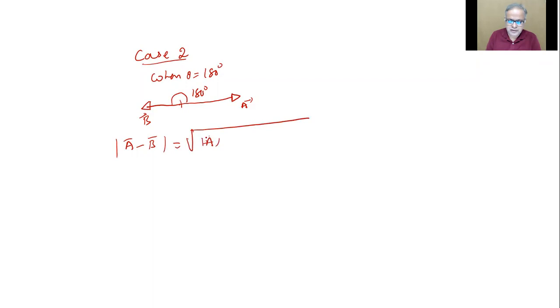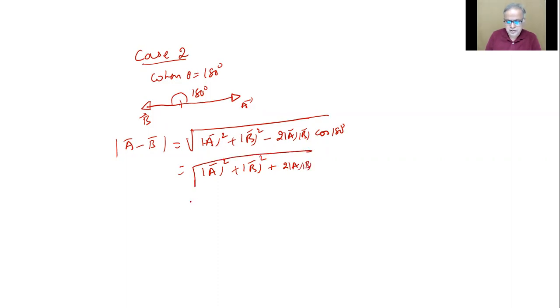Mod A square plus mod B square minus 2 mod A mod B cos 180. So cos 180 is minus 1, so minus becomes plus here. Plus 2 mod A mod B, under root, which is mod A plus mod B.